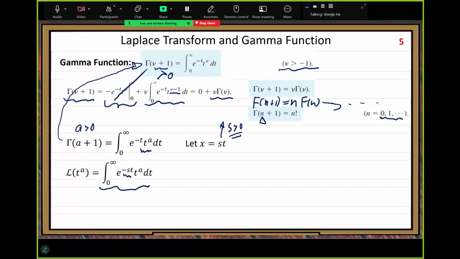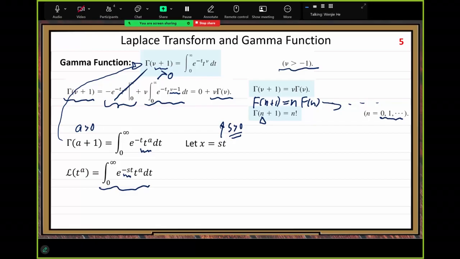If s is negative, the whole integral does not converge; it goes to infinity, so the Laplace transform cannot be defined. There is a condition to make the Laplace transform well defined. Later we will talk about the existence of the Laplace transform. So here we require s positive.